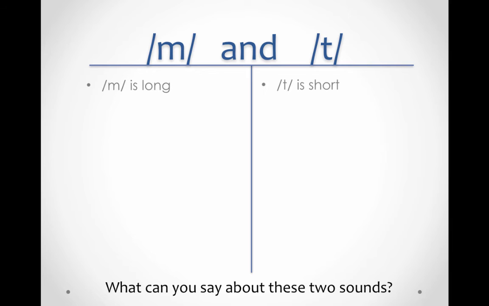We have a lot of words already that we could use in these descriptions, embedded in the names of some organs we have. The descriptions that you see there, m is long and t is short, are not linguistic descriptions. We need specialized language to talk about language.